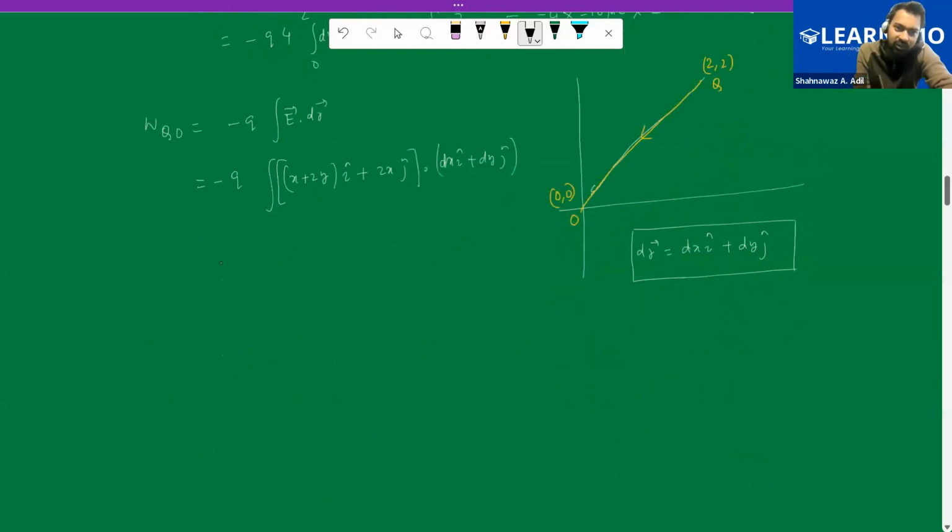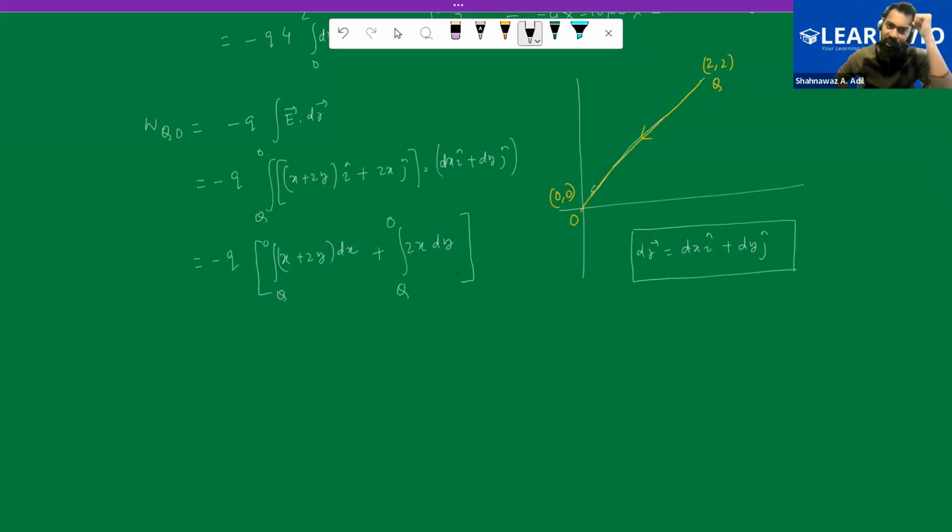Now, if we solve this, this would be minus Q, and this is from Q to O. The first thing would be x plus 2y dx integral from Q to O, and the next one would be 2x dy integral from Q to O. Now we are in a mix, we are in trouble. You know that y and x are two different variables, right, guys?